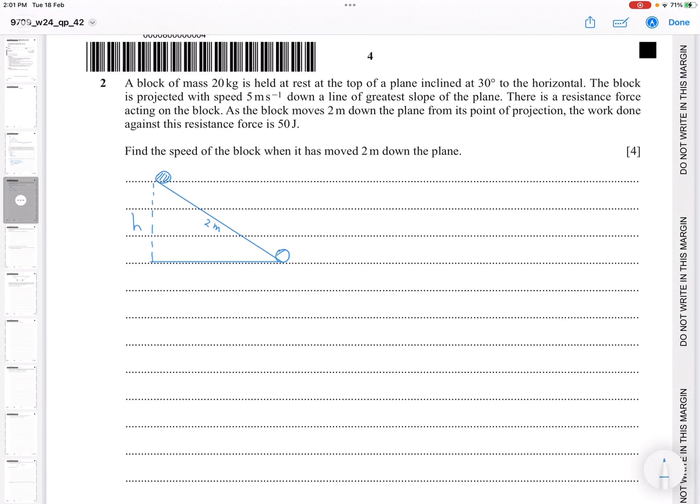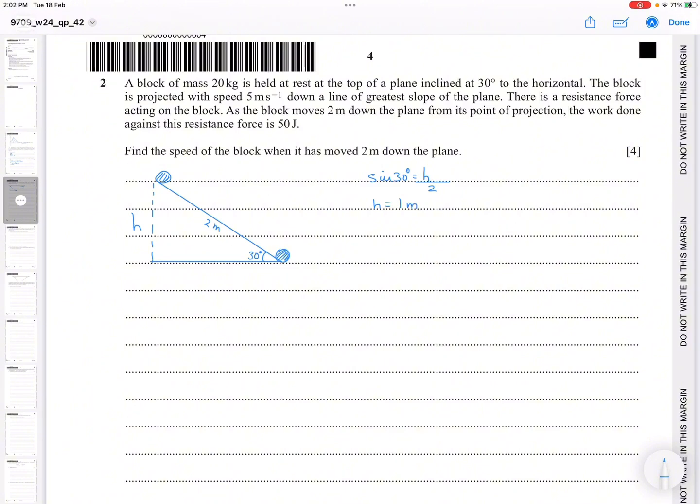The block reaches the floor, or you can say down the slope, and the 30 degree angle is given. So from here I can say that sine of 30 degrees equals opposite, which is h, over hypotenuse, which is 2. In this way we can find out our height, which is 1 meter.